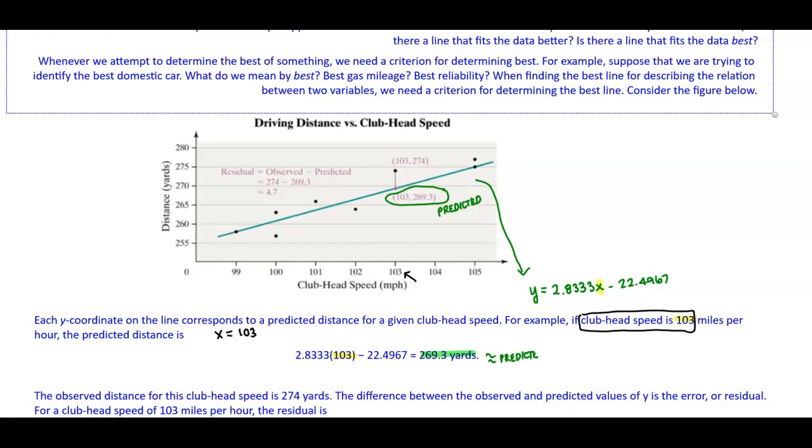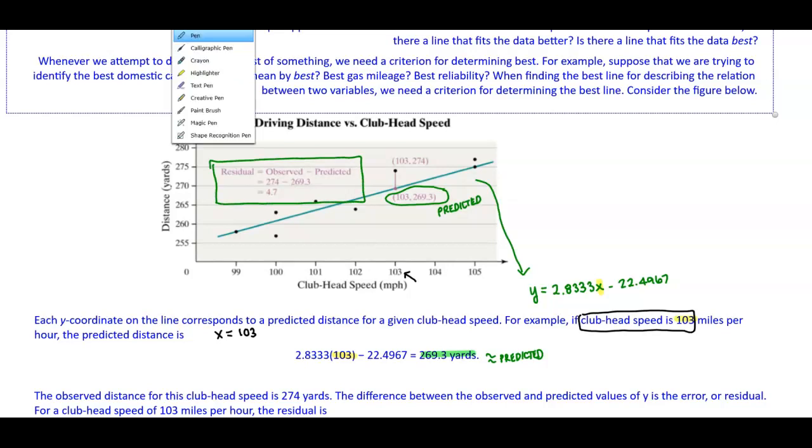I want you to notice that there's something listed over here. When we know what the predicted value is, 269.3, that's what we substitute over here for the predicted value.